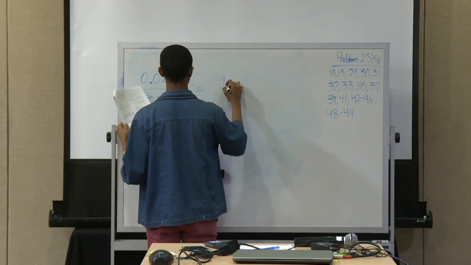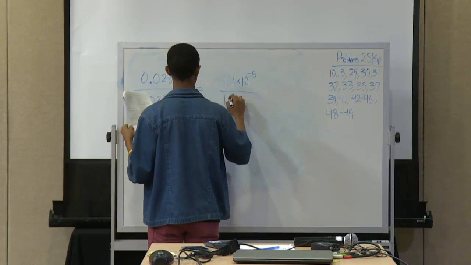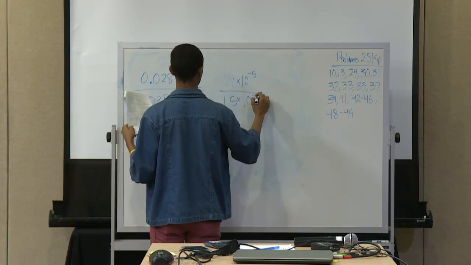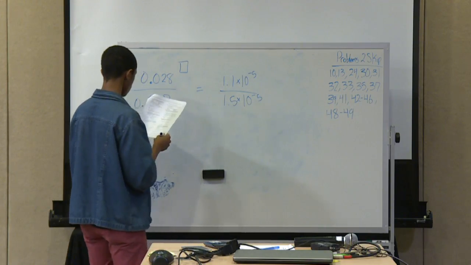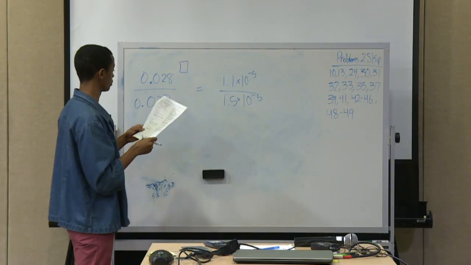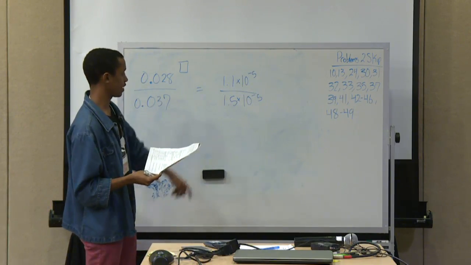So 0.028 divided by 0.037 and 1.1 times 10 to the negative 5 over 1.5 times 10 to the negative 5.